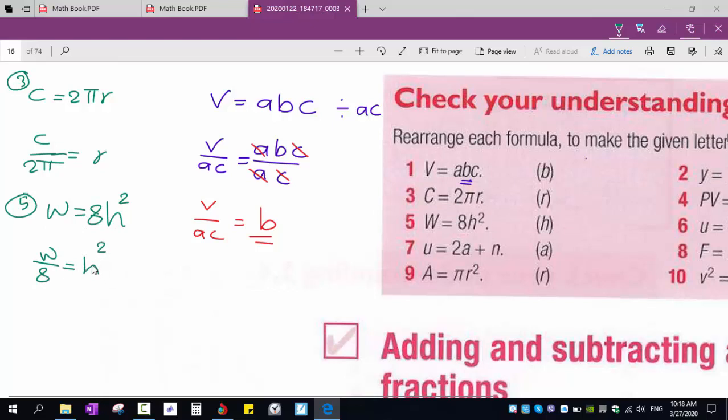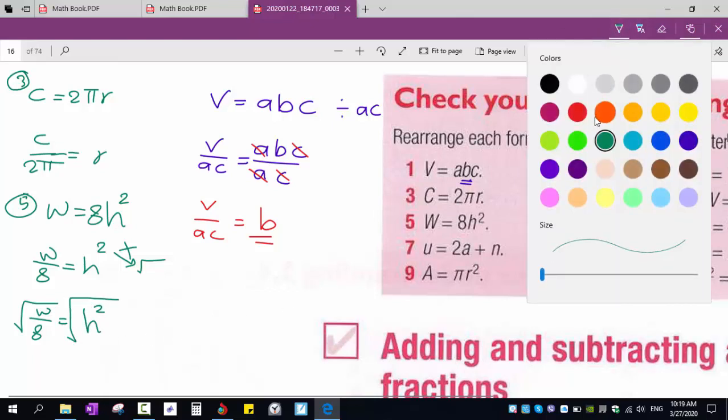We need h alone on a side, we don't need h squared. How can we get rid of this power 2? The opposite of power 2 is square root. Then by taking square root for both sides, w over 8 is equal to h squared under square root.